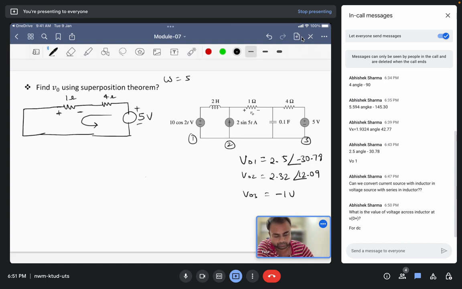Okay, so let us move on. First of all, let us complete this problem. There are 3 voltages for the 3 different sources. So V total will be the sum of V01, V02 plus V03. Let us add these 3 quantities: 2.5 angle minus 30.78 plus 2.32 angle 12.09 and minus 1.